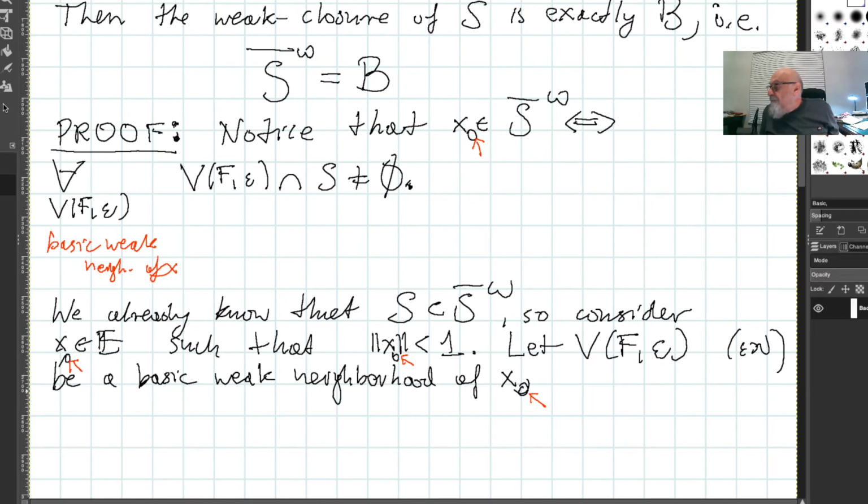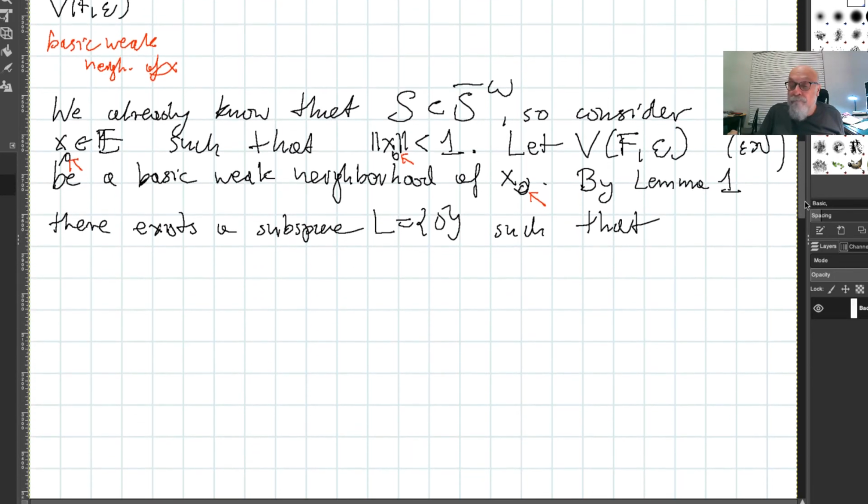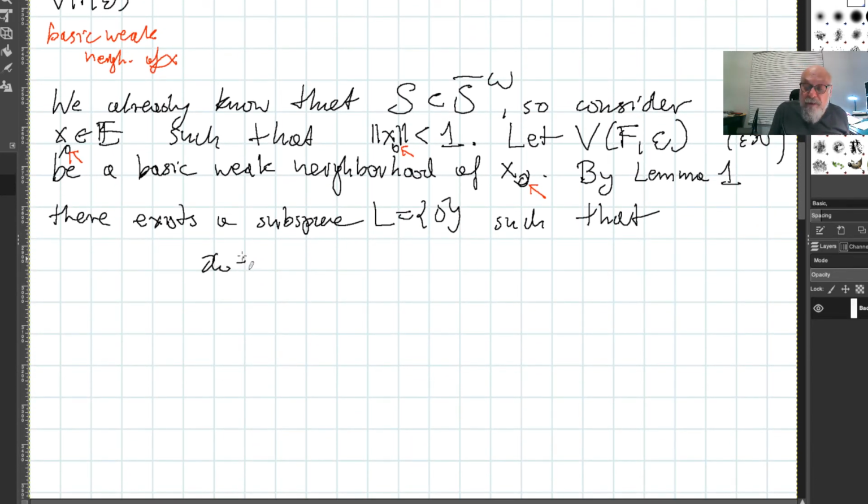By lemma 1, there exists a subspace L, which is different than the zero subspace, such that x naught plus L is contained in V_{F,epsilon}.